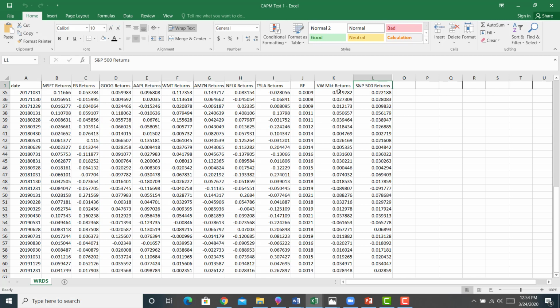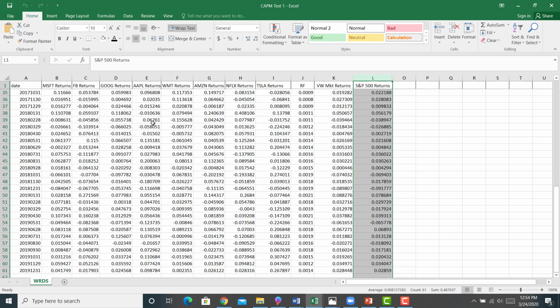So we're going to estimate the CAPM using two different measures of market returns for a few of these stocks, all right? And we're going to show how sensitive our measure of beta, our systematic risk measure, is to the assumptions that we make, the different types of market returns.